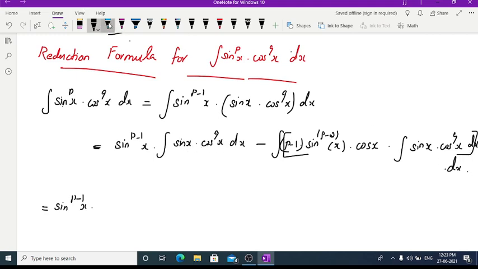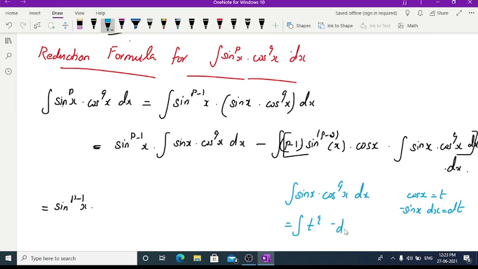So the integral of sin x cos^q x dx: here we take cos x equal to t, substitution, then minus sin x dx equals dt. So this one is equal to the integral of t^q into sin x dx, which is minus dt.